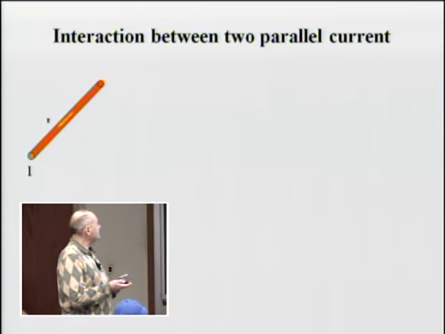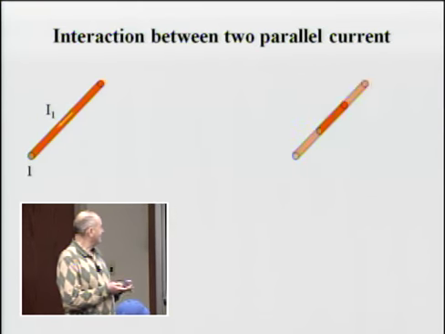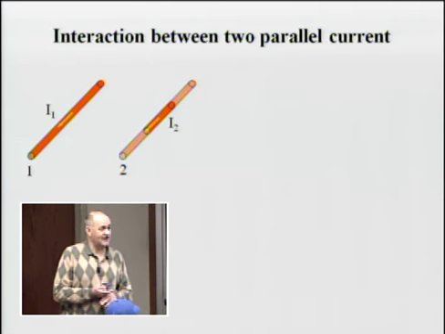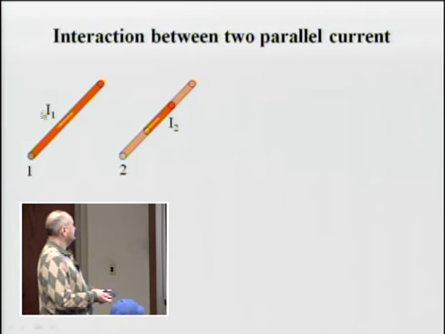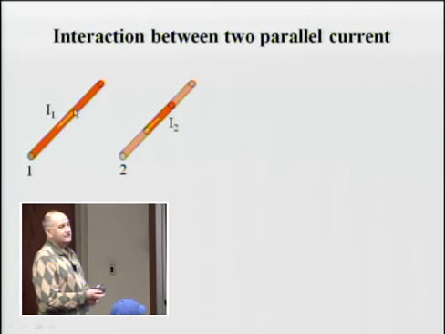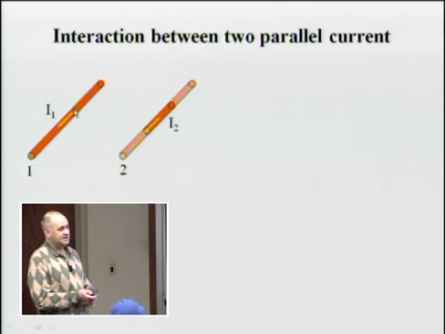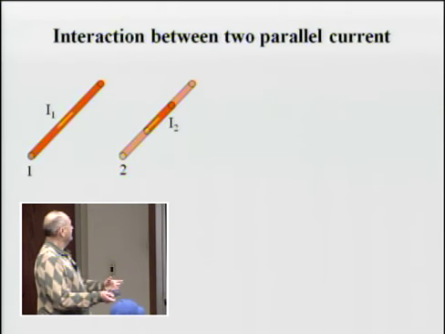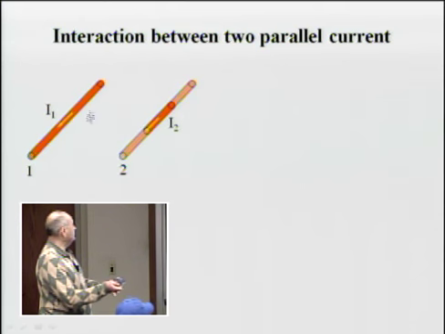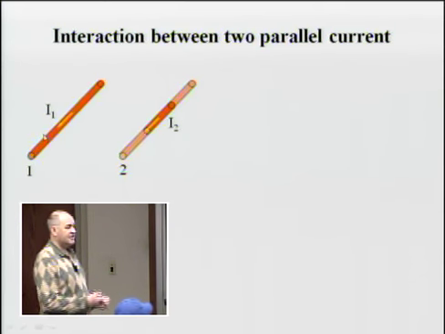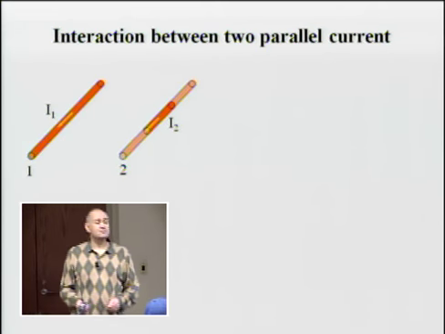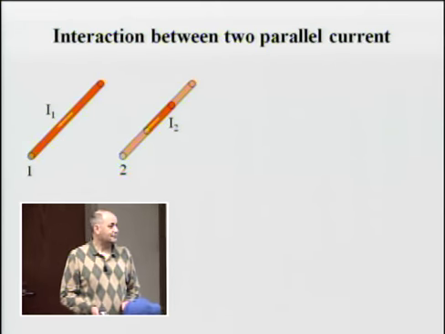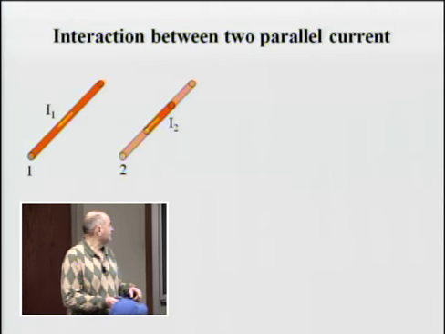Now, let's say that we have 2 wires and current flows in both of them. Well, these 2 wires are going to interact magnetically. Why? Let's say that I look at just this wire and recognize that current flows there. If current flows in this wire, it means that this wire produces a magnetic field everywhere around it.